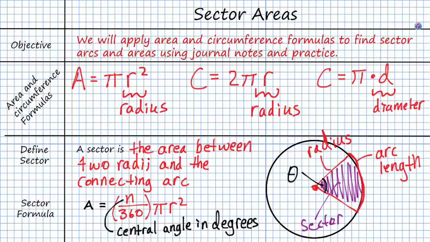So really what we're saying is that some portion, some degree of the circle will be used out of the total circle, which is 360, and then we're multiplying that by the whole. So this is really kind of a proportion that we're doing here. But let's go ahead and look at arc length again.